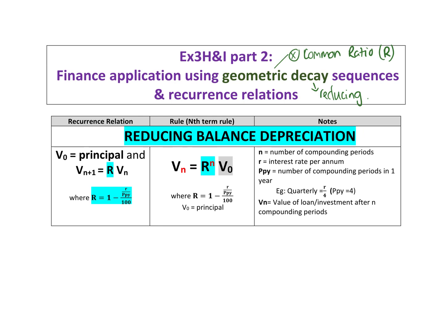So here are our reducing balance formulas. Remember in the first column, we've got our recurrence relation. If it's highlighted, you need to work that situation out for your scenario. You always state the original value and then you put the n+1 rule.